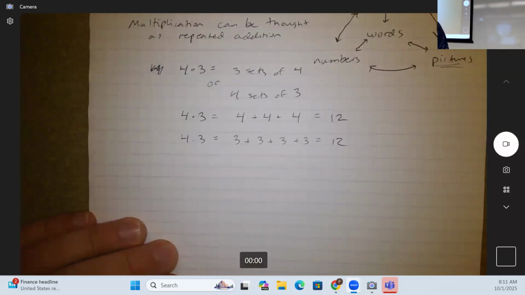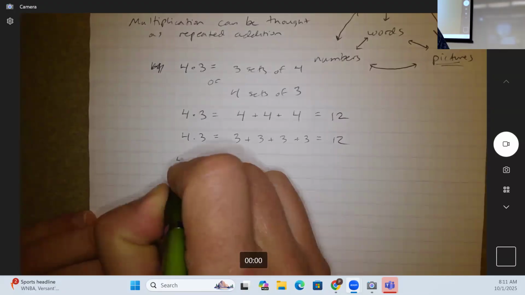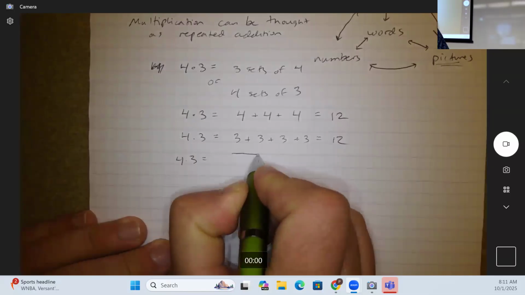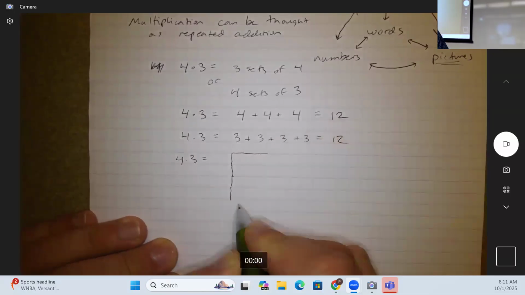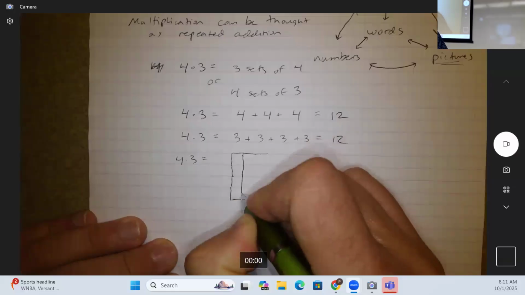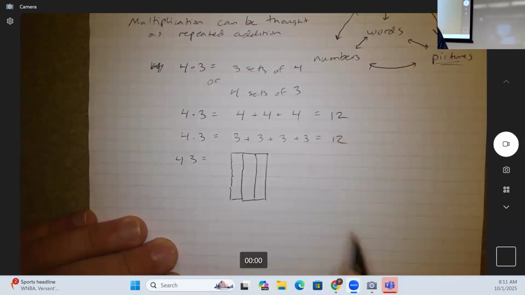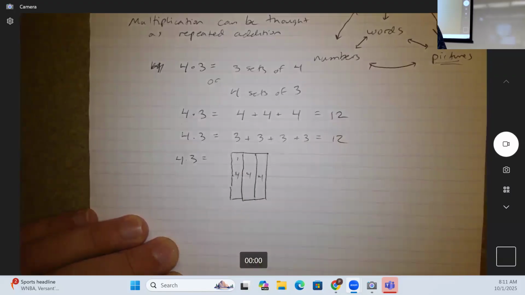But I really like, as I said, thinking about it as pictures. So 4 times 3, well, I'm going to go 1, 2, 3, 1, 2, 3, 4. There's my 4 sets of 3. Sorry, I say this backwards a lot. There are my 3 sets of 4.